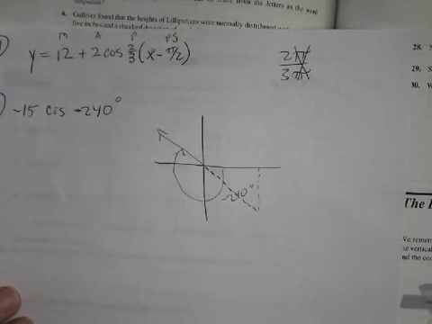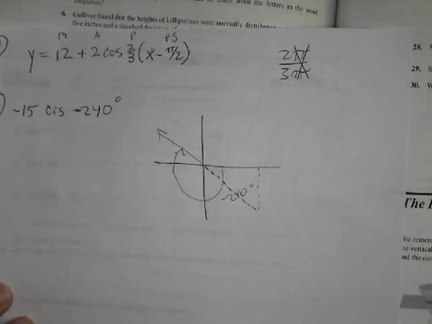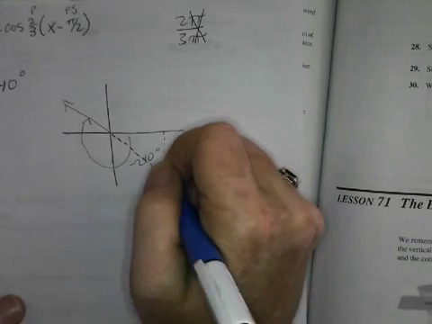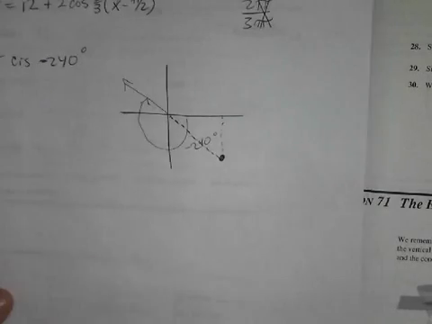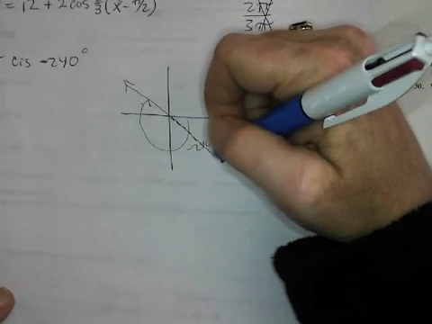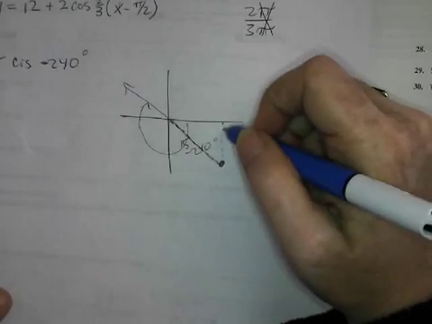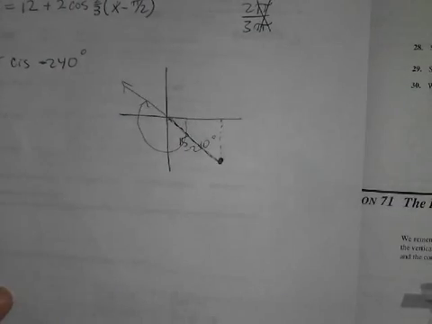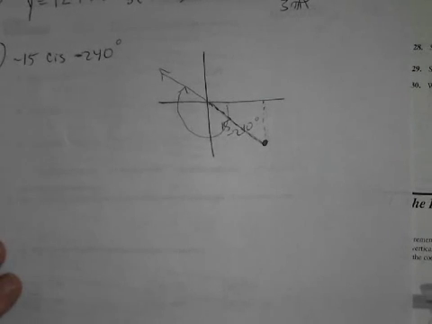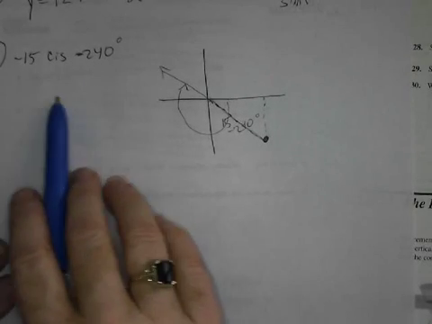So this can be written as, well, we've got to get it in rectangular form, though, don't we? We know this length right here is 15, right? But we don't know these two. That's what we want, so that we can write it as something plus something i.